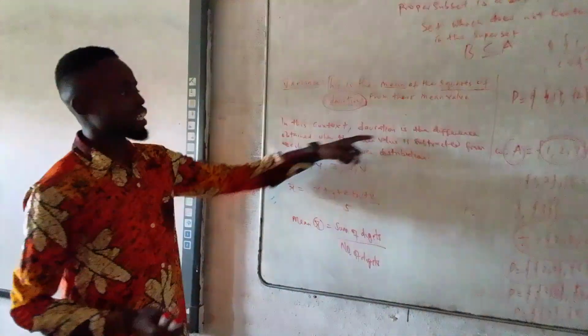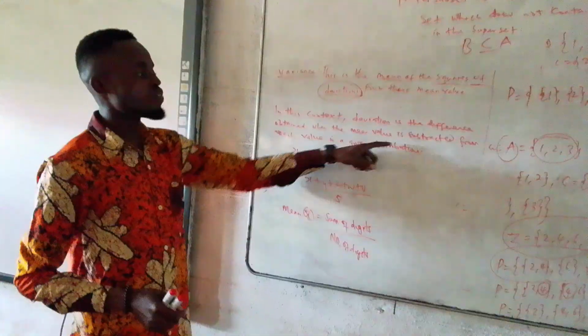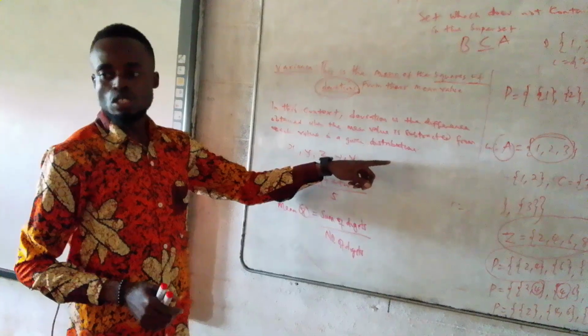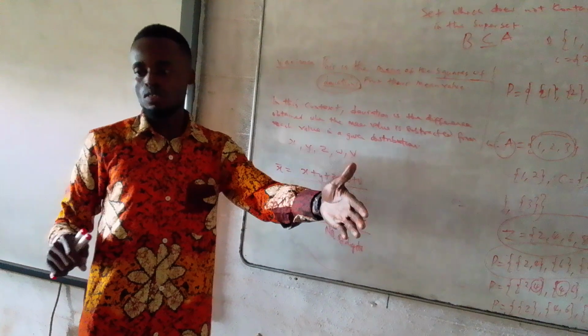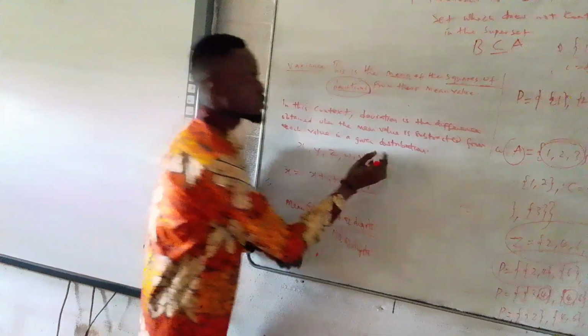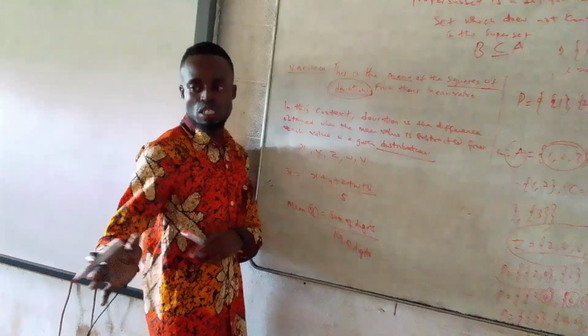So in this context, deviation is the difference obtained when the mean value is subtracted from each value in a given what? Distribution. Distribution is simply a set of values listed. That's what distribution is.